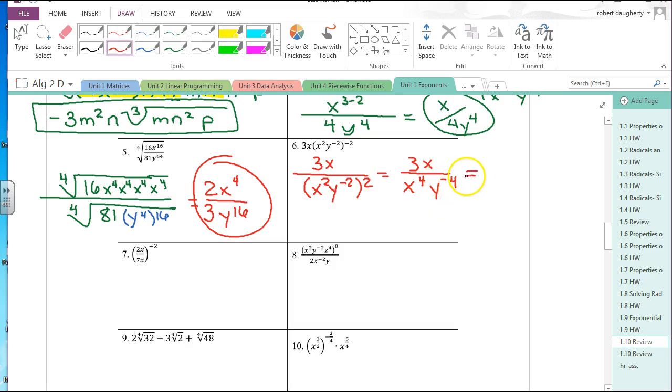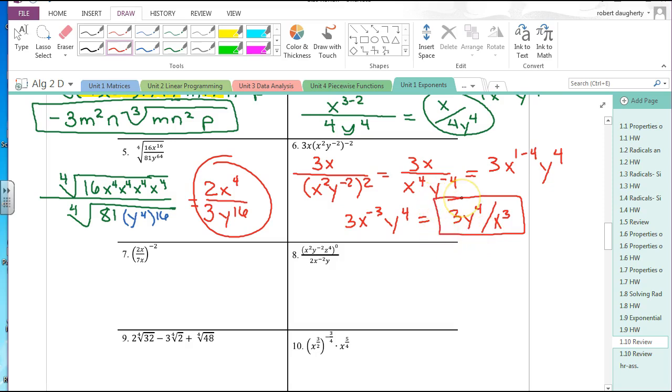So this is 3, and then I have x to the 1 minus 4, and y to the 4th. So I'm using the quotient property of exponents. So this is 3x to the minus 3, y to the 4th. That is 3y to the 4th over x cubed, okay?